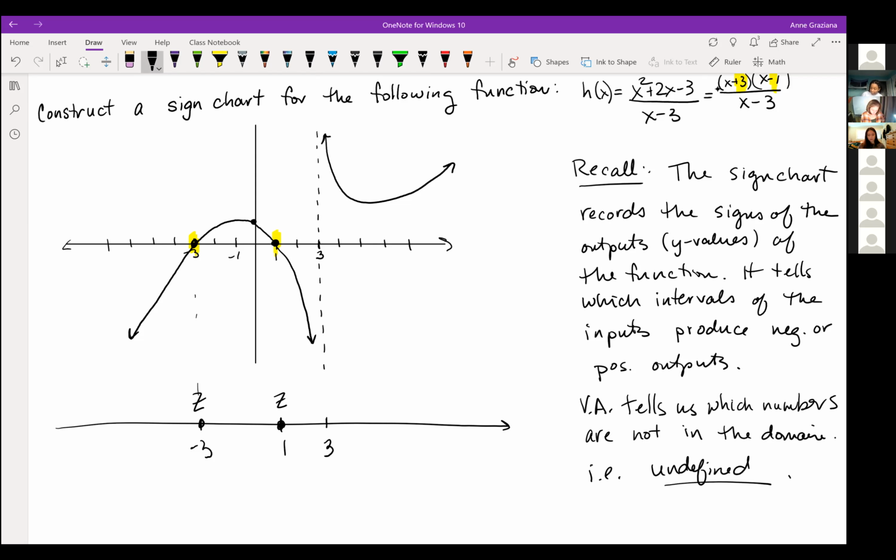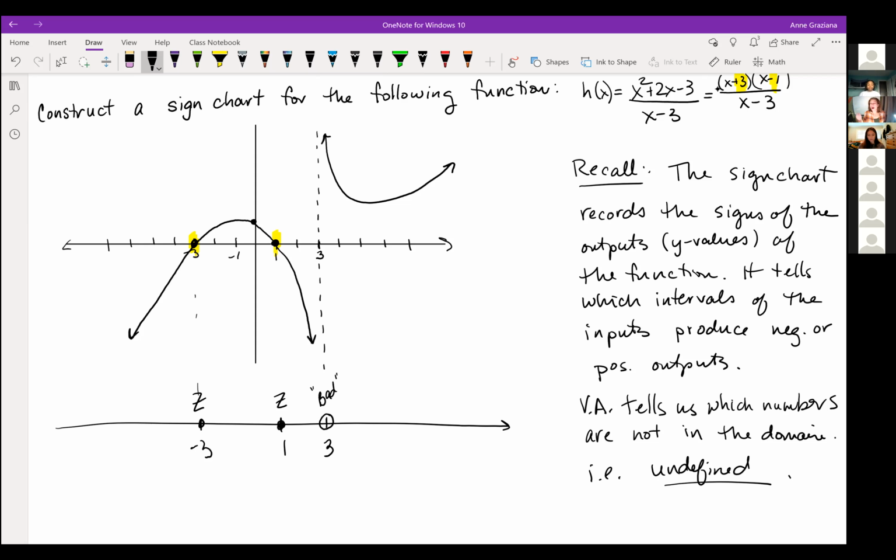Okay. So that also goes on our sign chart, and I'm going to leave it as an open circle, and I'm going to call this a bad number. Some instructors put a U for undefined, and that's fine. I just like to be dramatic a little bit here. I'm in general a no drama person, but I'm gonna be a little dramatic here. This is a bad number. It doesn't go into my function, okay?